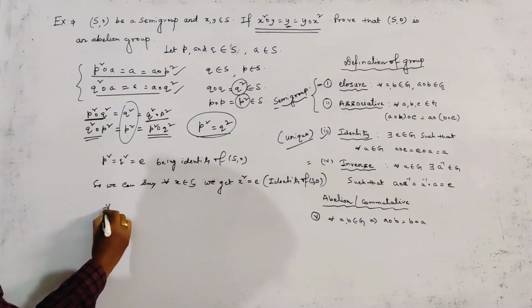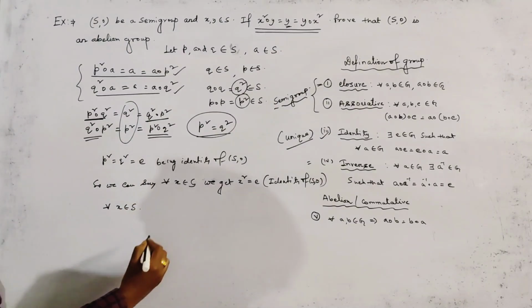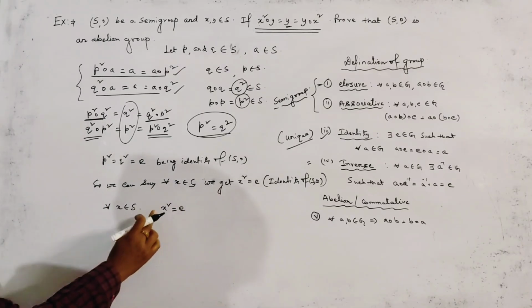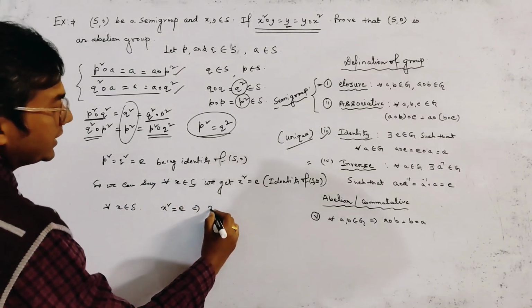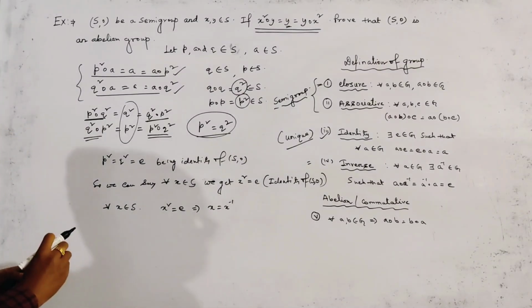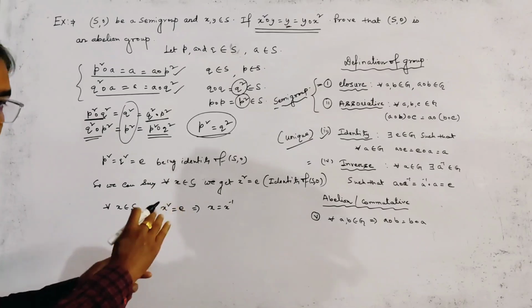And now for all x belonging to S, we get x² equals e, and from here we write that x equals x inverse, that is, every element is the inverse of itself.